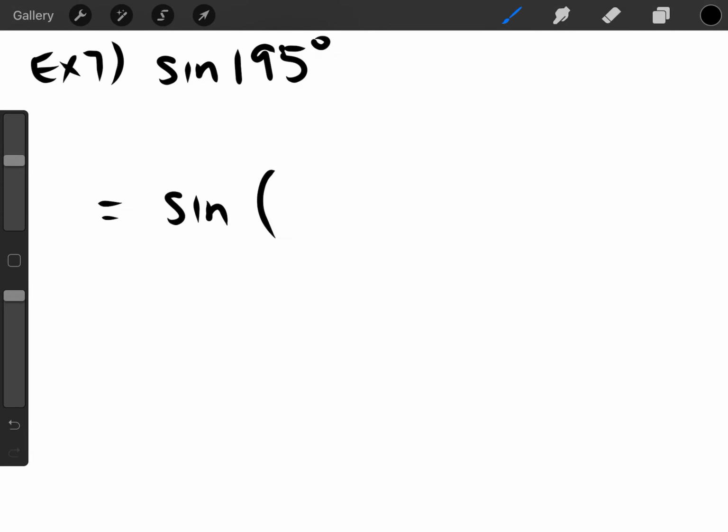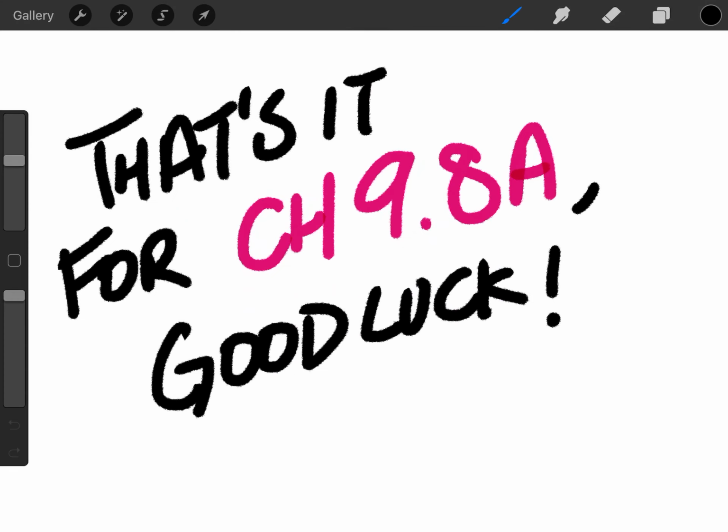Unit digit is a 5, so tangent. 75 is 45 added to 30 degrees. Okay, tangent 285, so that's tangent 45 degrees plus 240 degrees.